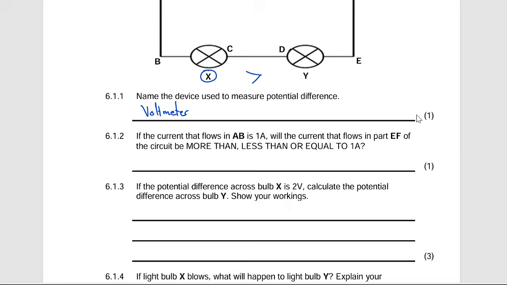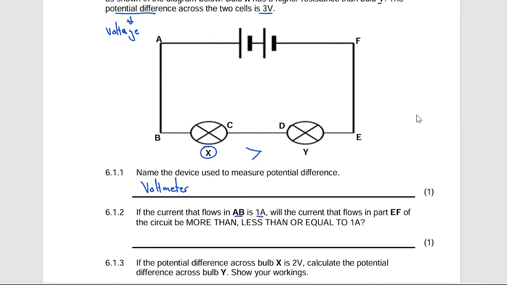6.1.2. If the current that flows in AB is 1 amp, so if we were to put our ammeter there and have a reading of 1 amp, then it says, will the current that flows through points E and F be more than, less than, or equal to 1 A?